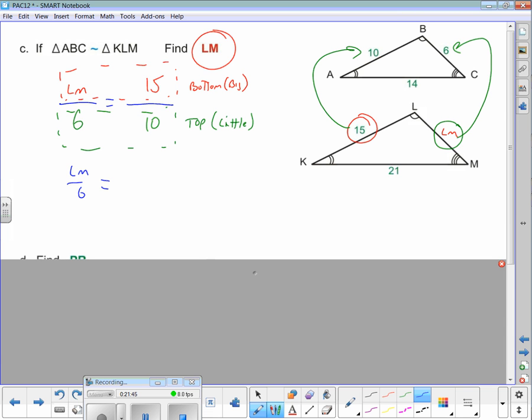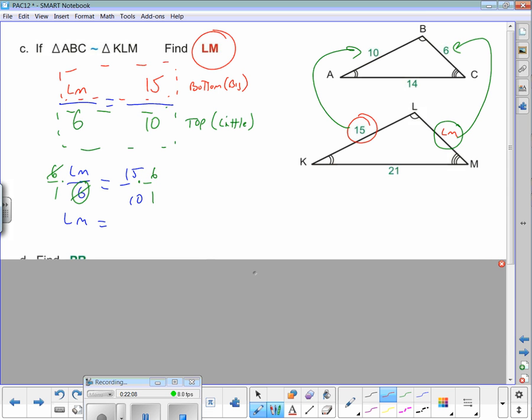So we have LM over 6 equals 15 over 10. All right, you remember how to move this? Things multiplied times a variable, you move by multiplying by the reciprocal. We're going to multiply the left by 6 over 1 and the right by 6 over 1, right? It's going to cause our 6's to divide out. We have now isolated our variable, haven't we?